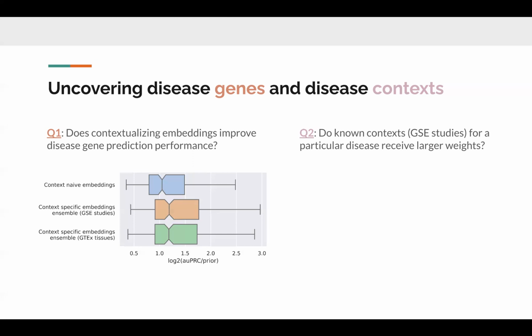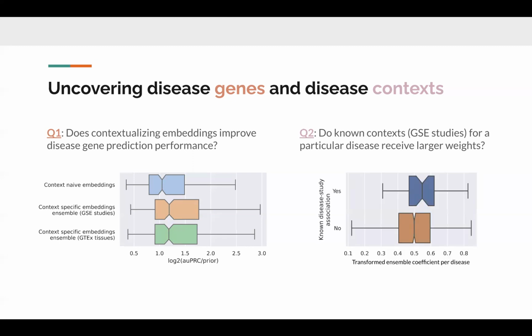On the other hand, we would like to investigate whether our ensemble approach is able to uncover disease contexts. In other words, do known contexts for a particular disease receive larger weights in the ensemble model? To answer this question, we first collected disease to study correspondence from previous manual curation efforts for a subset of diseases.